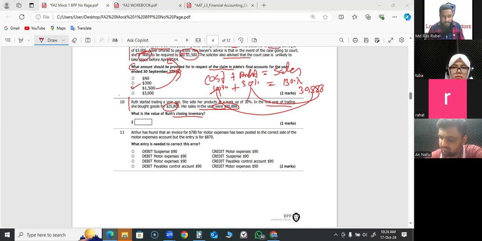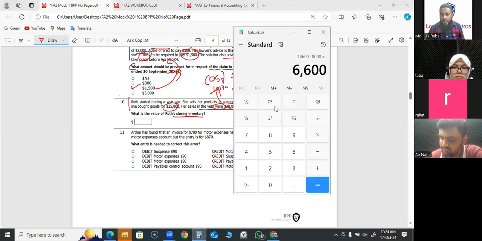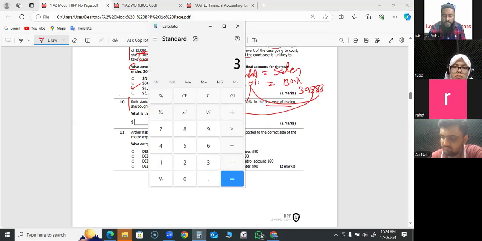So 30,888 divided by 130 times 100 gives the cost: 23,760. I need that figure.